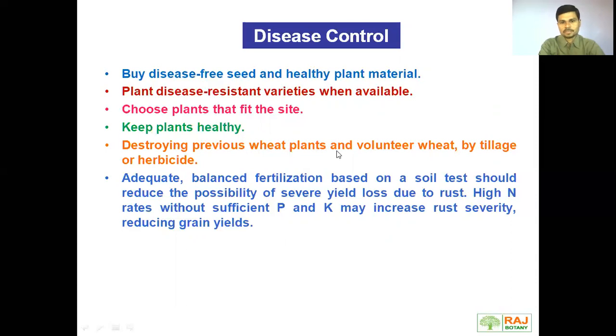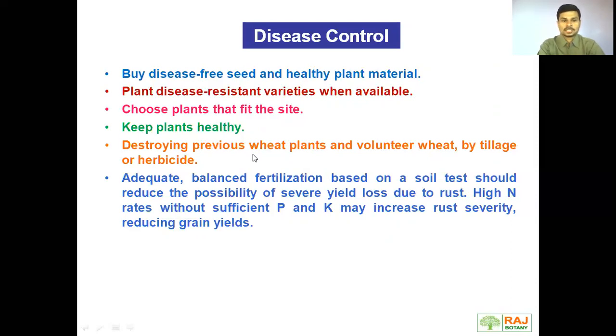Destroy previous wheat plants and volunteer wheat by tillage or herbicide, because if residue remains in the field, and during the next crop season there is a pathogen from the previous crop, that pathogen will certainly infect the newly seeded crop.